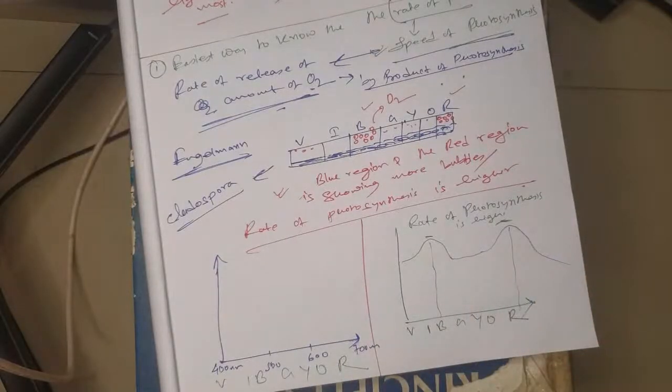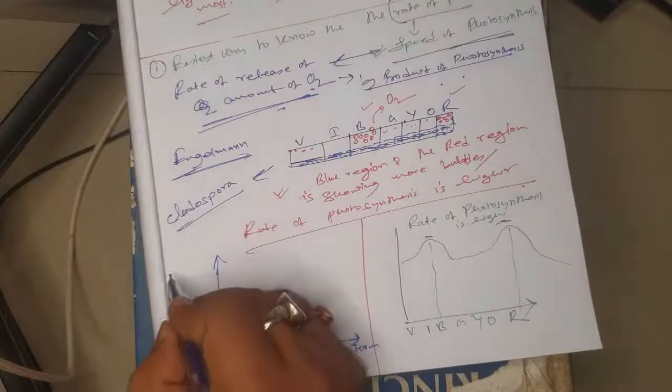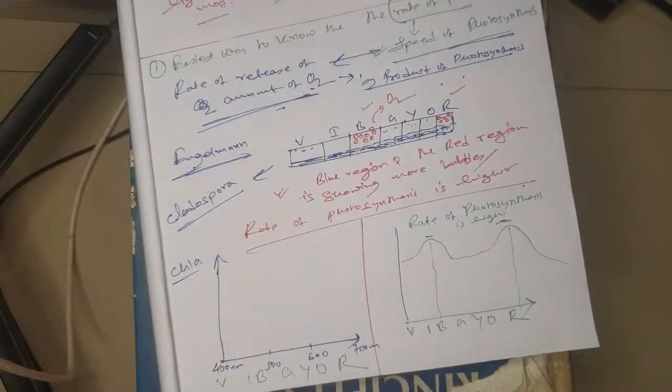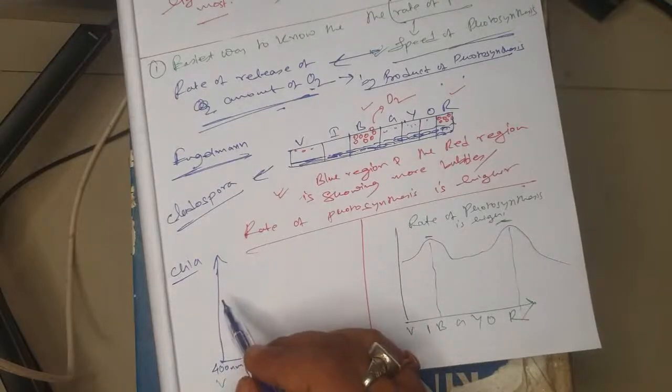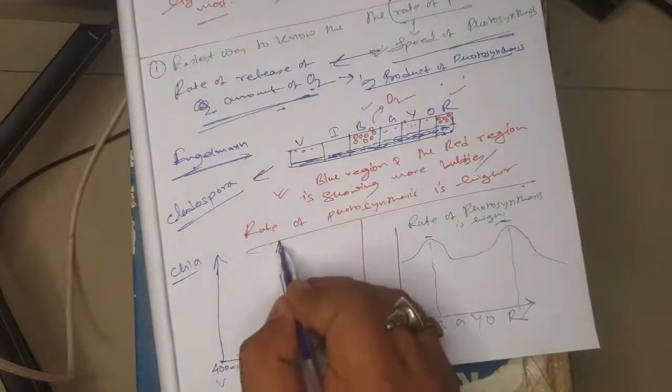But we will also do another thing: we will check the behavior of, suppose, chlorophyll A. When we check the behavior of chlorophyll A, we see the maximum; this graph is known as absorption.